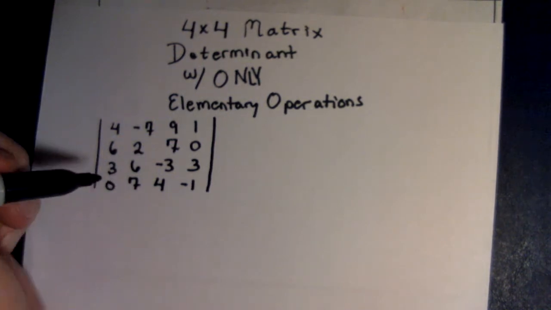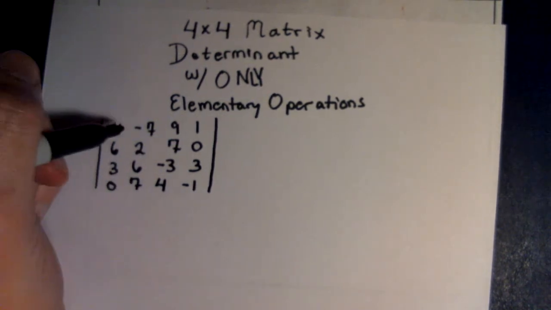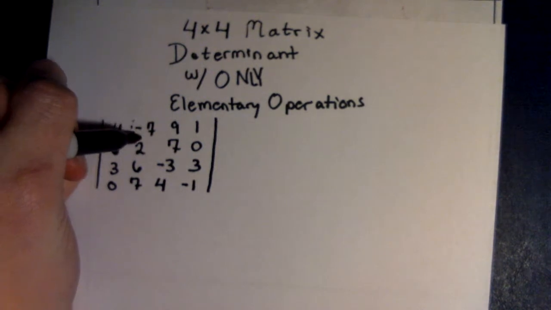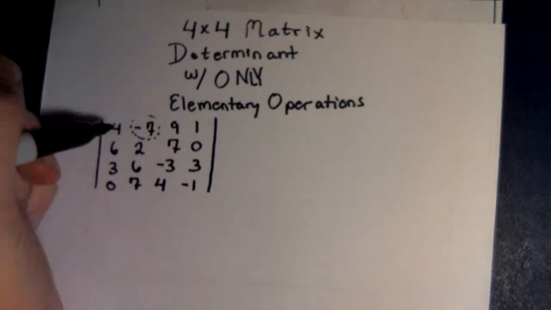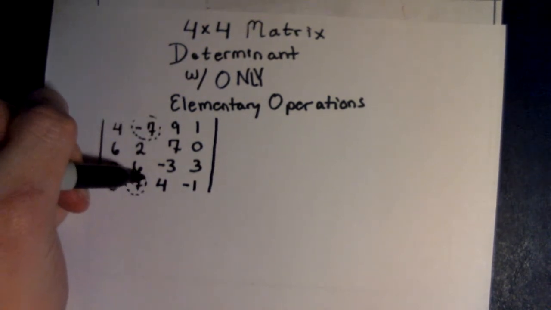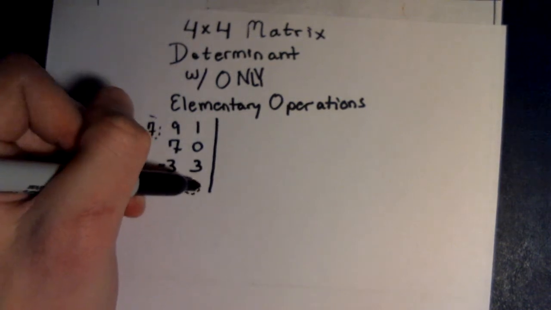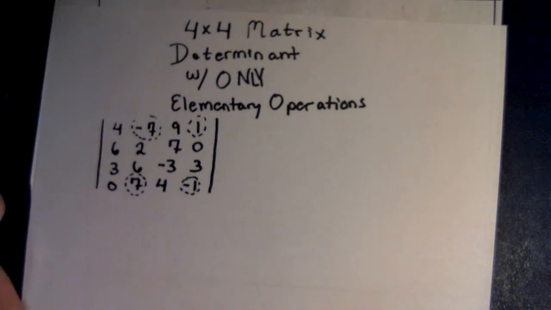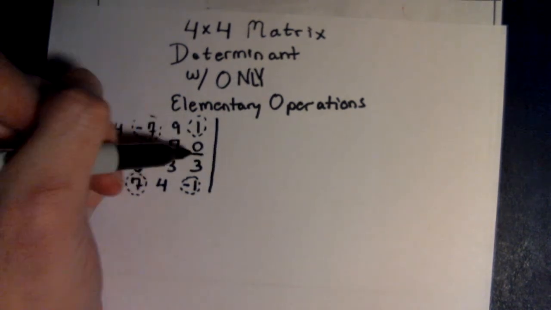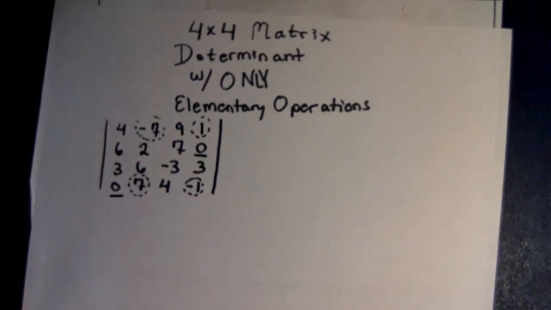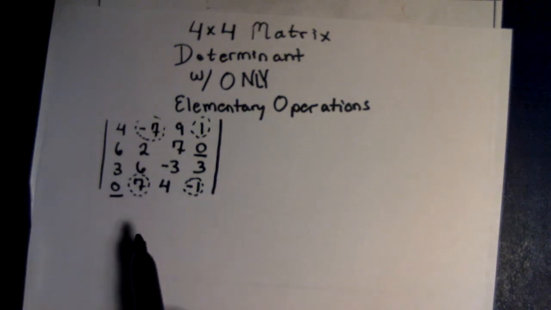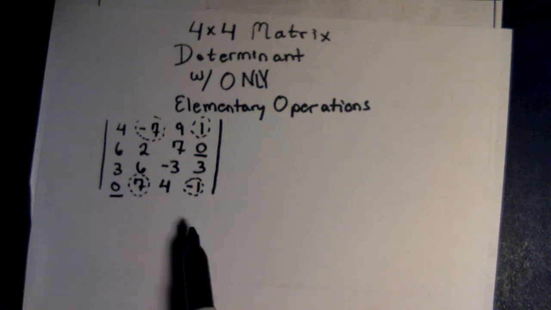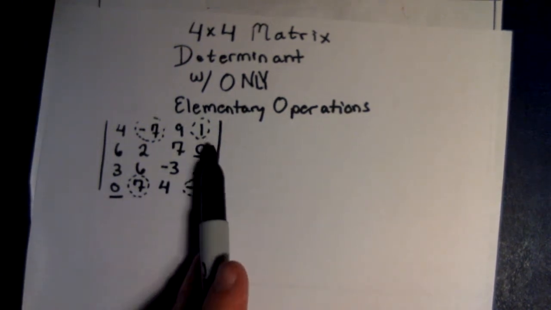So first things first, I saw that we had a -7 here and a 7 here, followed by a -1 here and a 1 here, as well as a 0 here and a 0 here. So what I then had to figure out was whether to replace row 4 or row 1.